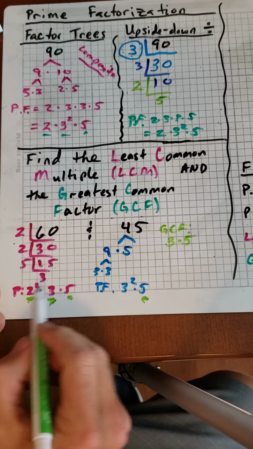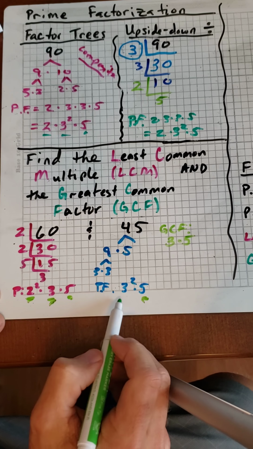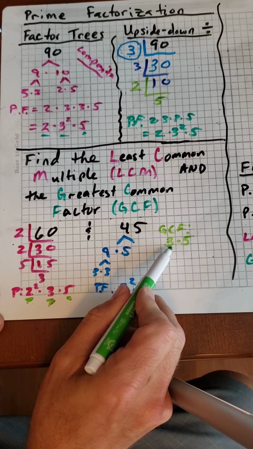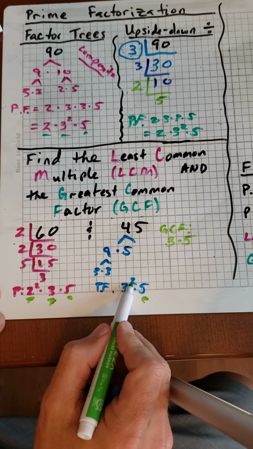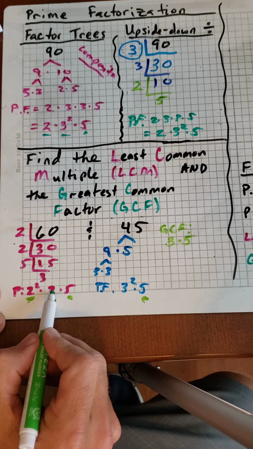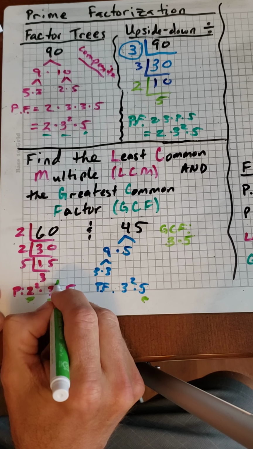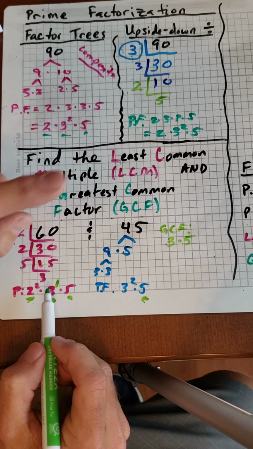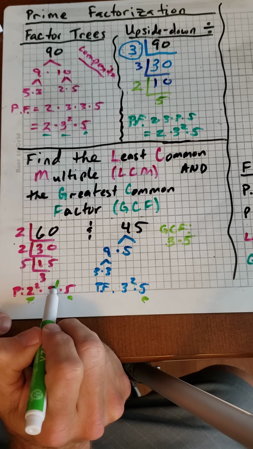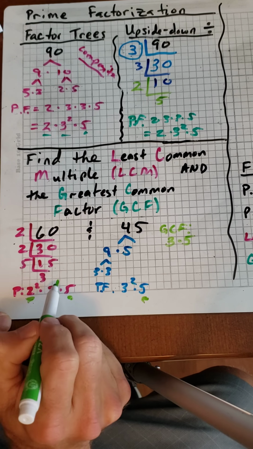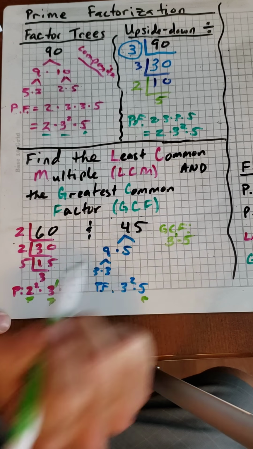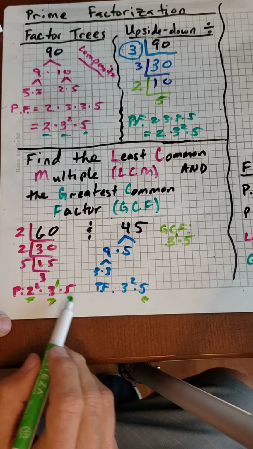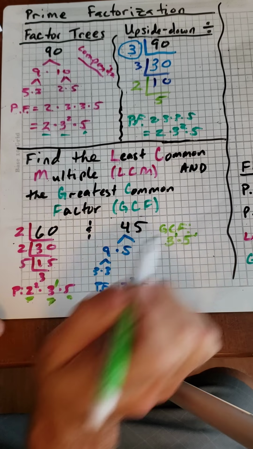So I see that, okay, the 2 doesn't matter because I don't have a 2 over here. I look at the 3, and this one is 3 squared. This one is 3 to the first. All right, that's 3 to the first. Since factors are small numbers, I'm going to use the smaller exponent. So I'm going to use 3 to the first. Then I look at the 5 and the 5. Well, those are the same, so I use 5 to the first.